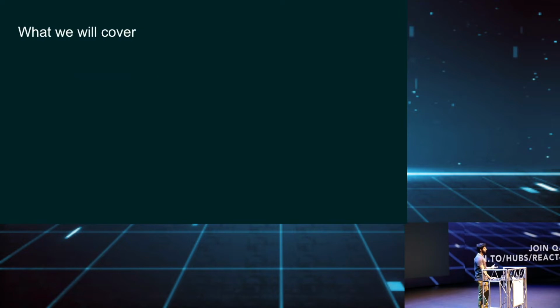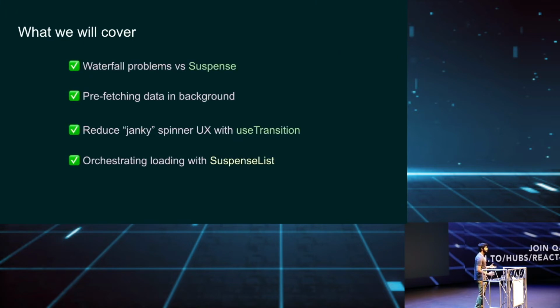Before starting in, let me quickly tell you what the plan for the talk is. Today we are going to discuss 4 key things. Number 1, how do we write code today in React, what problem does it introduce, which is a waterfall problem, and how Suspense actually solves this. Secondly, we're going to see how we can start prefetching our components in the background while we are on some other screen.